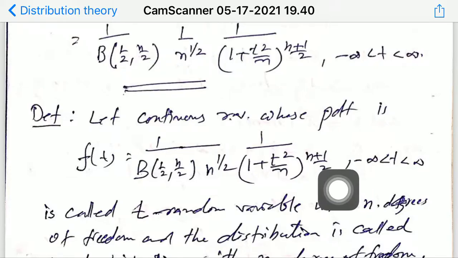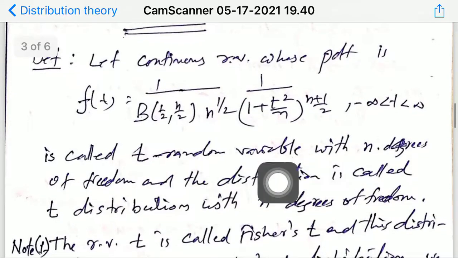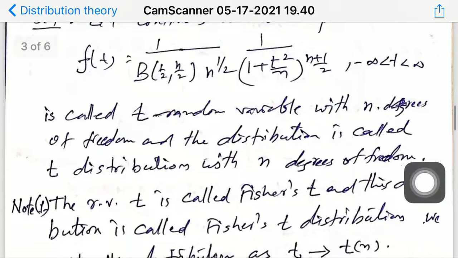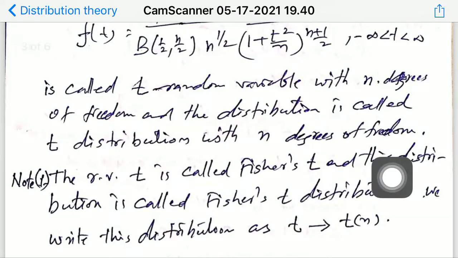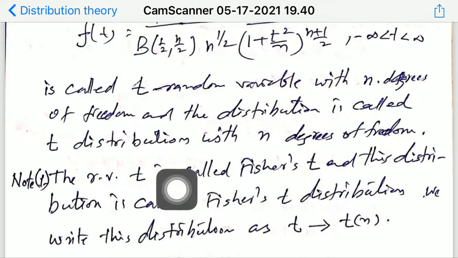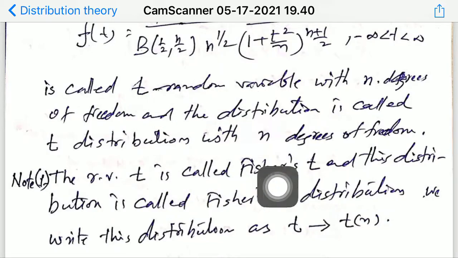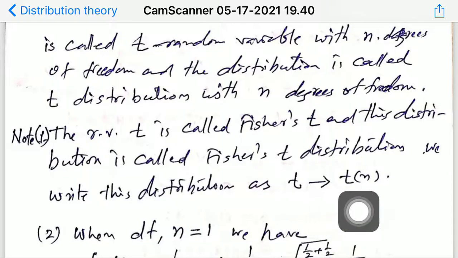Such a distribution is called t distribution with n degrees of freedom. You write this distribution, this is the notation used, t follows t distribution with n degrees of freedom. Actually this distribution is called Fisher's t distribution.